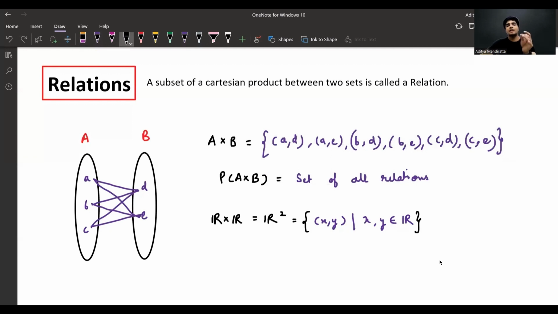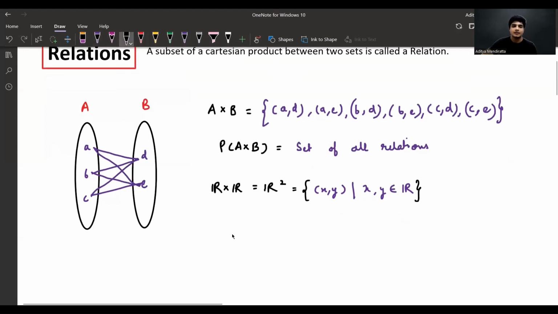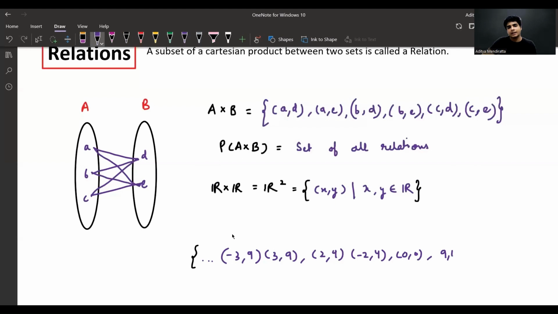Now, if I take a very specific subset of this set R cross R, let's say a subset that looks like this, which has elements like (-3, 9), (3, 9), (2, 4), (-2, 4), (0, 0), (3/2, 9/4), and so on.